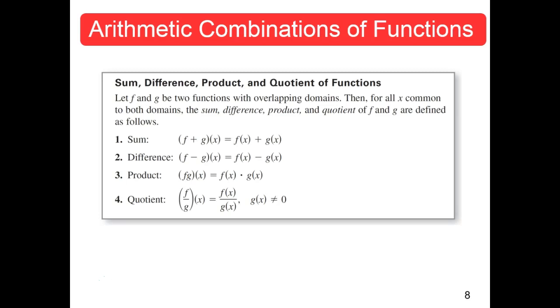The sum function, the two functions added of the same variable, is the same as the function of one plus the function of the other. Difference is the difference of the two functions. The product function is the product of the two functions, and the quotient function is the quotient as long as that denominator is not zero.